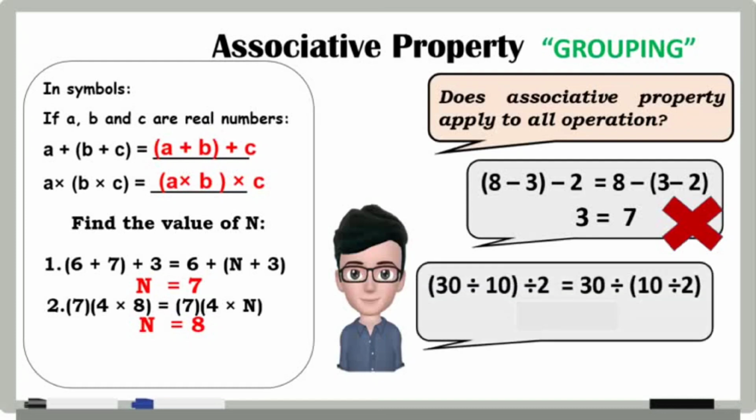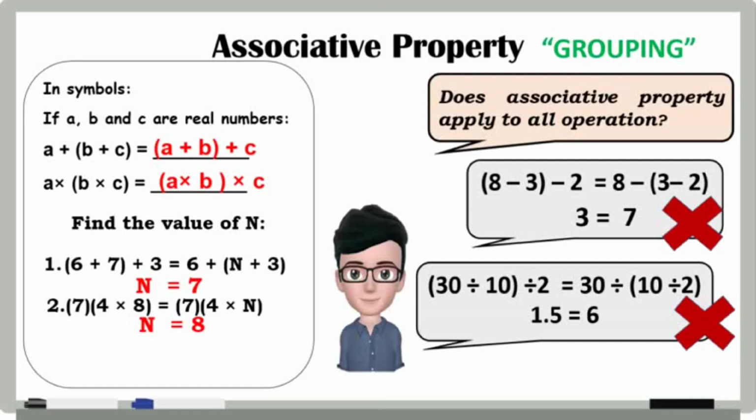What about in division? Is the quantity 30 divided by 10 divided by 2 equal to 30 divided by the quantity 10 divided by 2? No, because the quantity of 30 divided by 10 divided by 2 is equal to 1.5. And 30 divided by the quantity of 10 divided by 2 is equal to 6. Okay, that is correct.